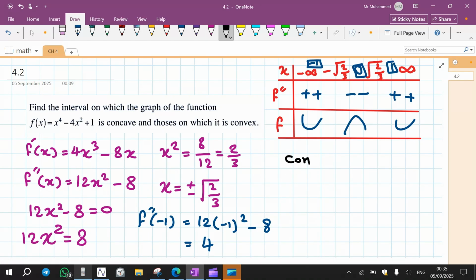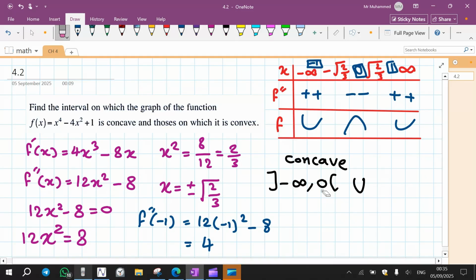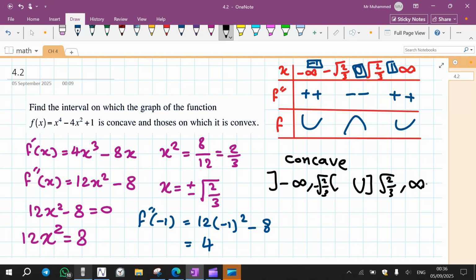Now concave has two intervals: negative infinity until 0, both open, union with, oh no, 0 should not be in the interval. 0 is a test number. I have to write radical 2 over 3 negative, union with radical 2 over 3 positive until infinity.